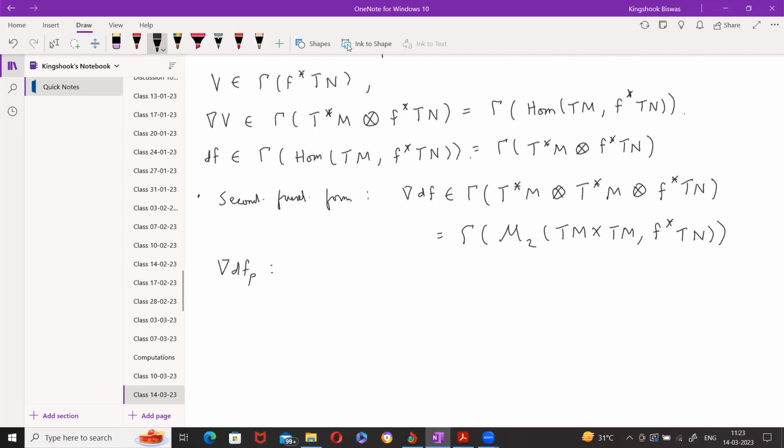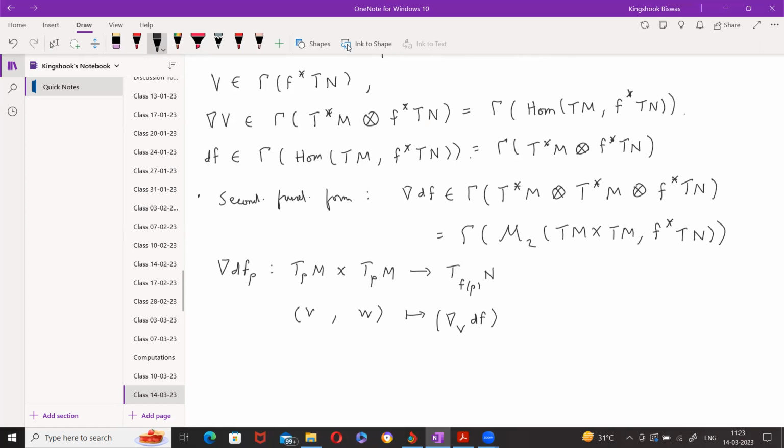So nabla dF at P, this we saw was a bilinear map from T_P M cross T_P M to T_{F(P)} N, which is the bilinear map (V, W) goes to the following. You first take the covariant derivative of the section dF in the direction of V. So dF is a section of the bundle of linear maps from TM to F star TN.